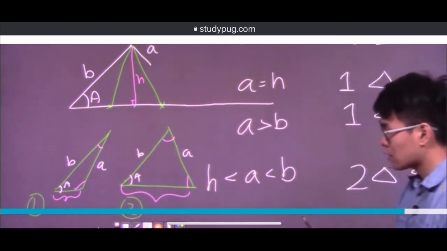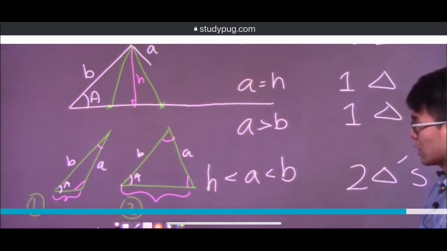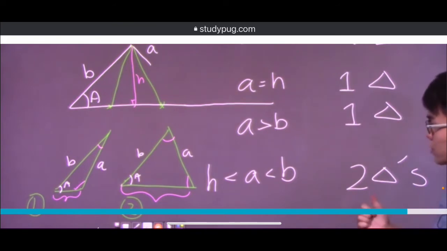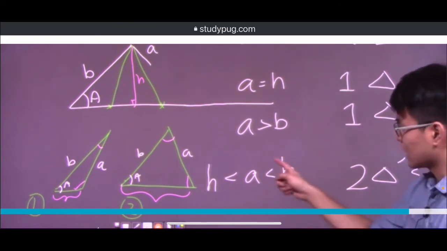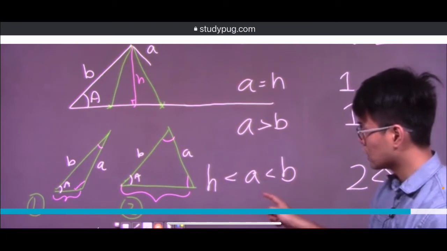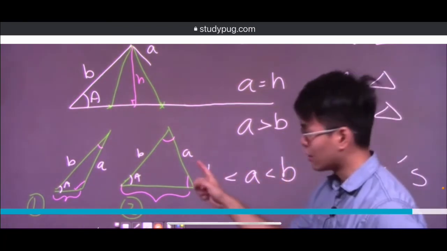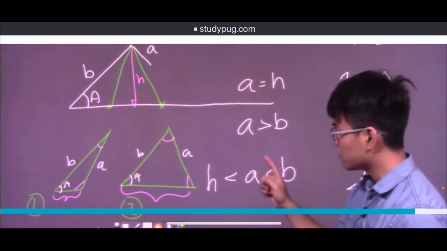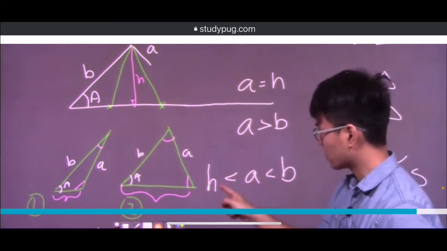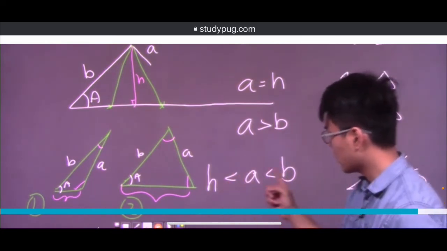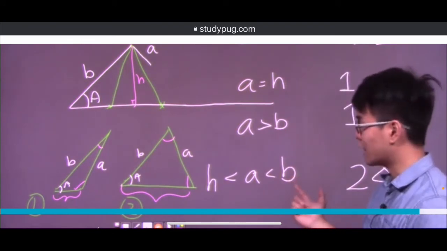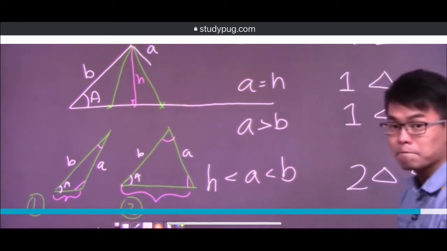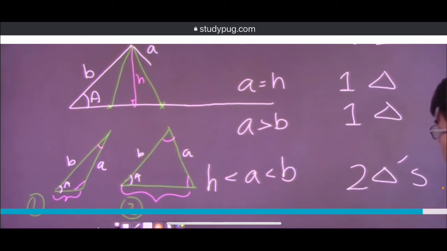This is why we have two triangles, when the side length A, opposite to the given angle, is in between the length of H, the height of the triangle, and the length of B, the side that's given to us. This is our third case, the case with two triangles.